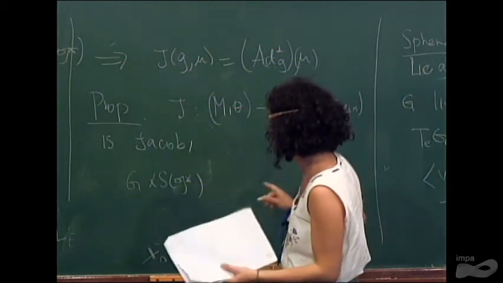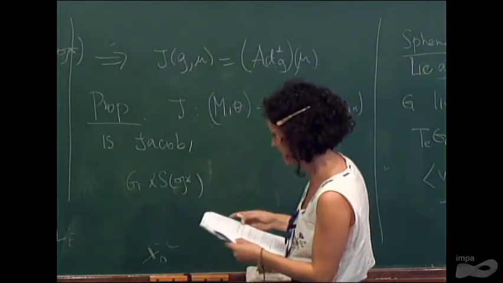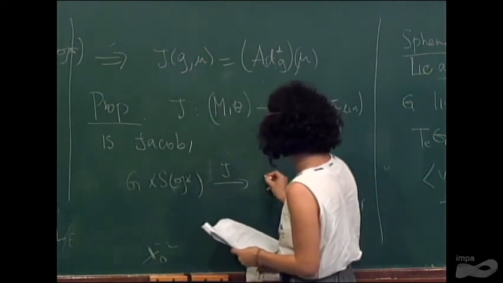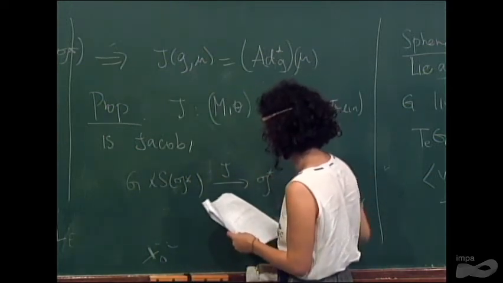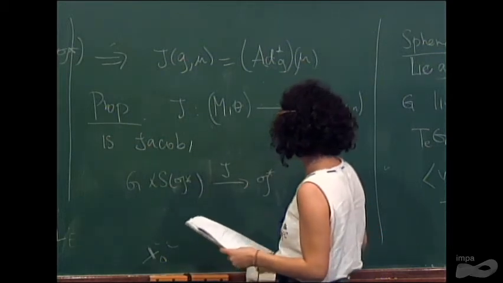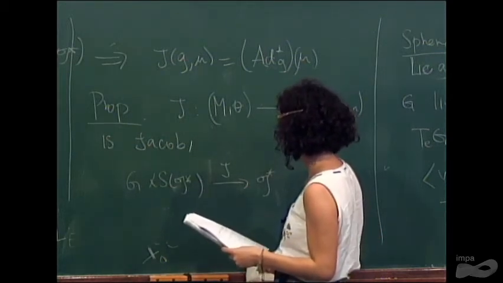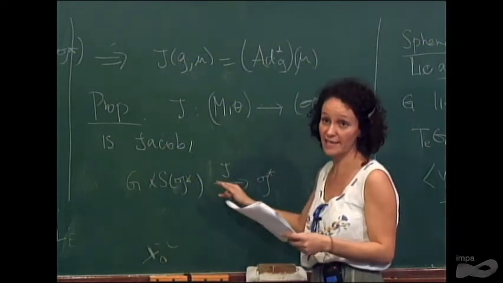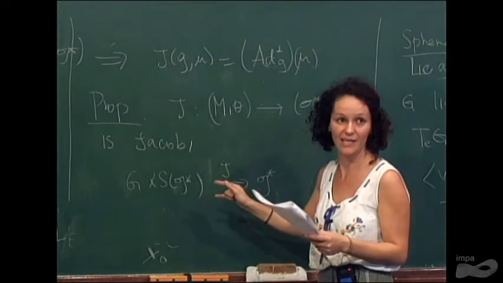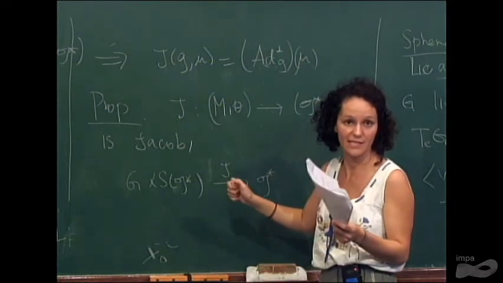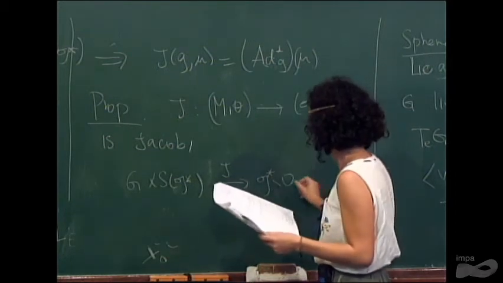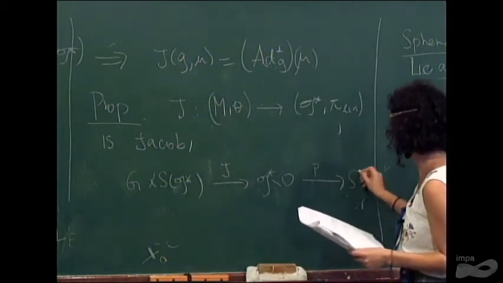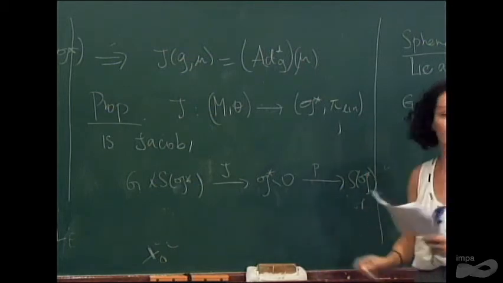So in our example, we have this J here that goes to G star, and if the image of J does not intersect 0, which in our case it happens that it doesn't, then remember that you have this other projection to the sphere, right?